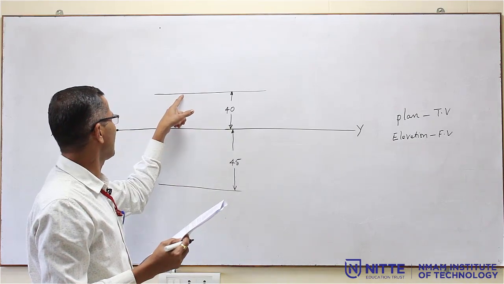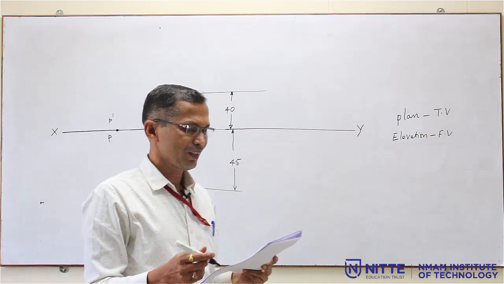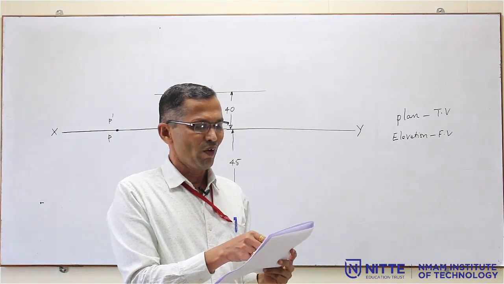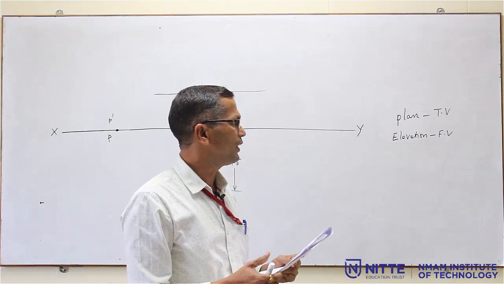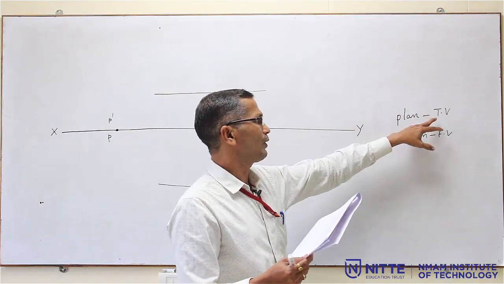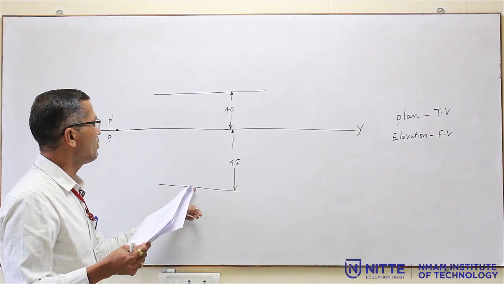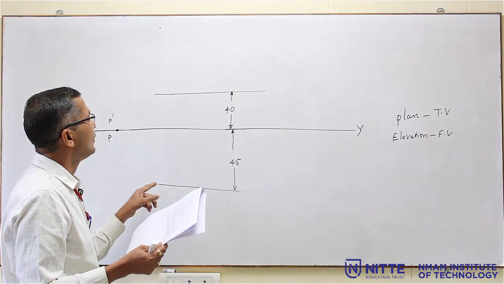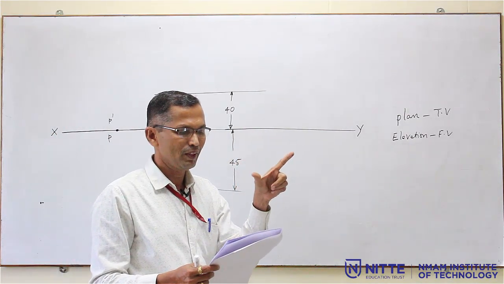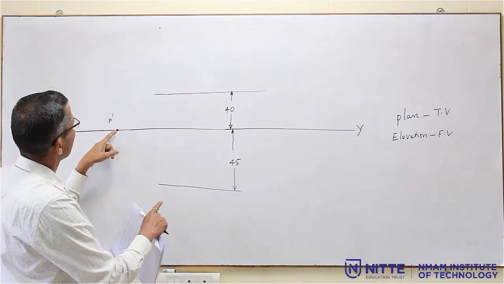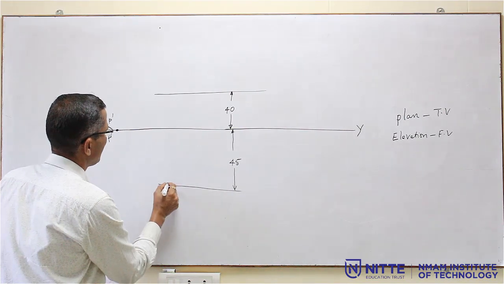Now you have to locate where exactly Q dash and Q are. How to locate? It is given: the line joining their plans is 70 mm. Plan means top view. Already the top view of P is here, and the top view of Q will be somewhere in this line. So, take a compass with a radius of 70 mm and cut this line somewhere here, like this.